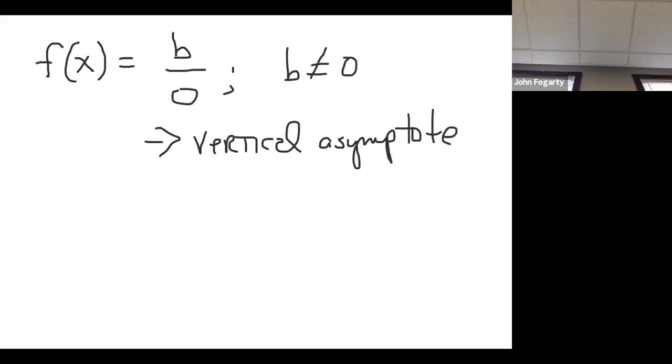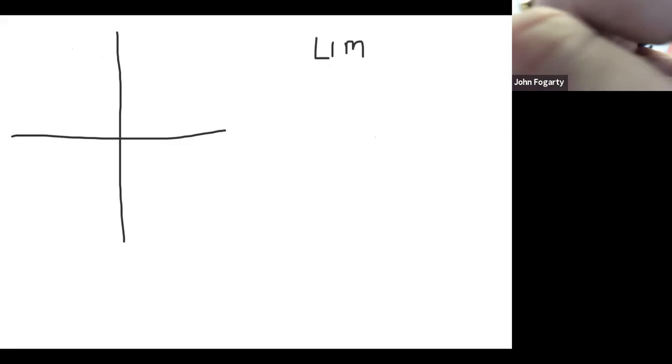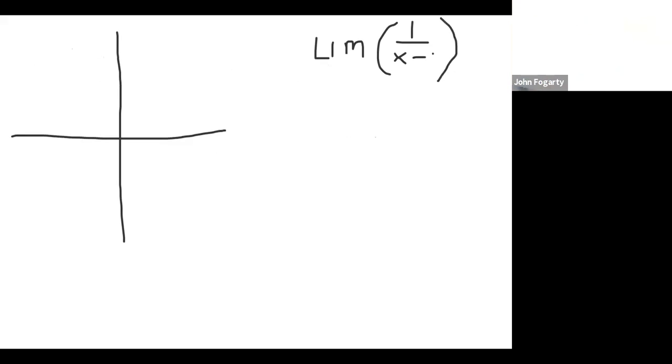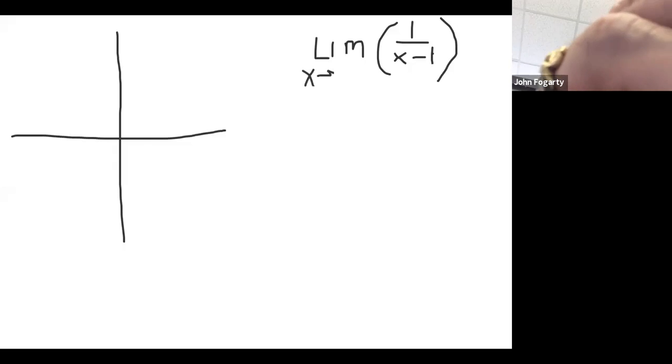So for example, I'll give you a little diagram here. So here we go. What is the limit of the function 1 over x minus 1 as x approaches 1?